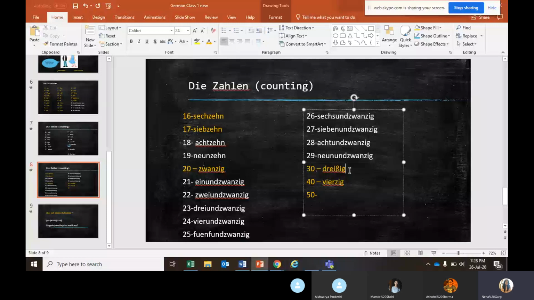Make sense? And then 50, what would be 50? Fünfzig, write the U with an umlaut once you're writing.